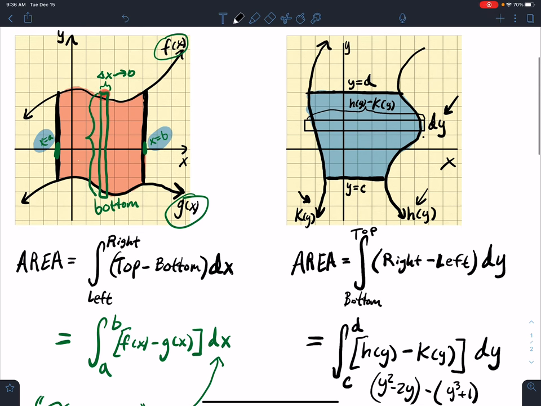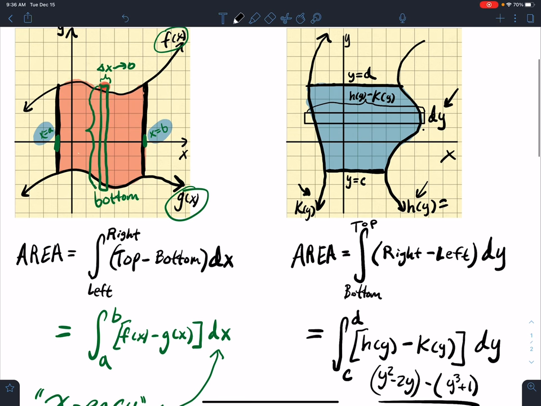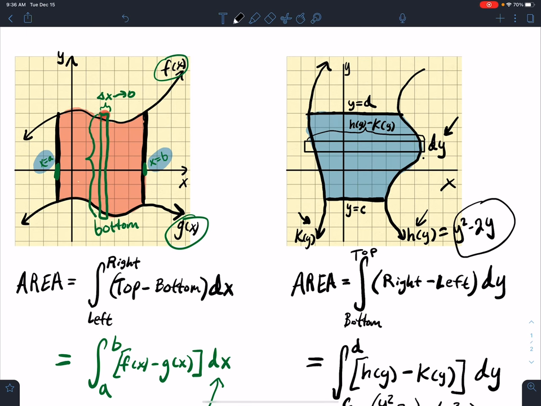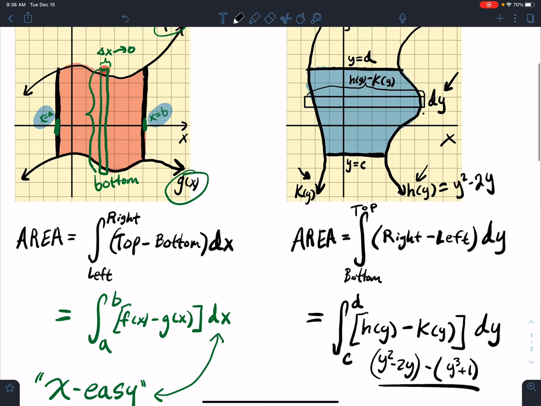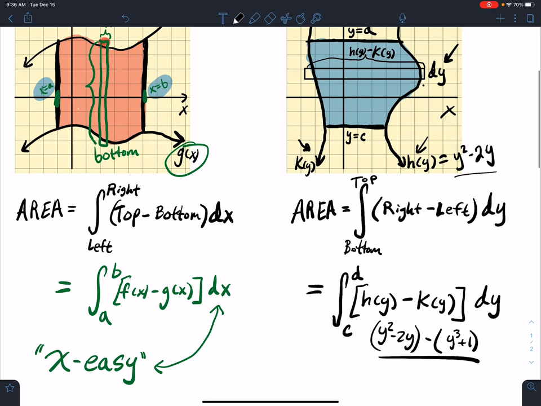So if you have a function and it's defined like this, maybe it's best if you work with it to integrate in terms of y instead of trying to solve y equals in terms of x, because you end up not getting that function there.